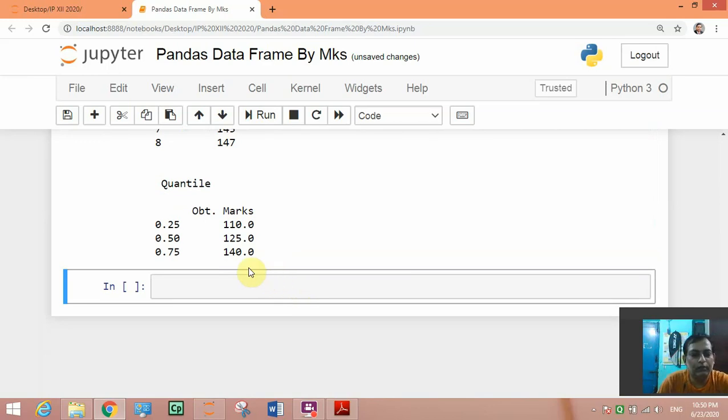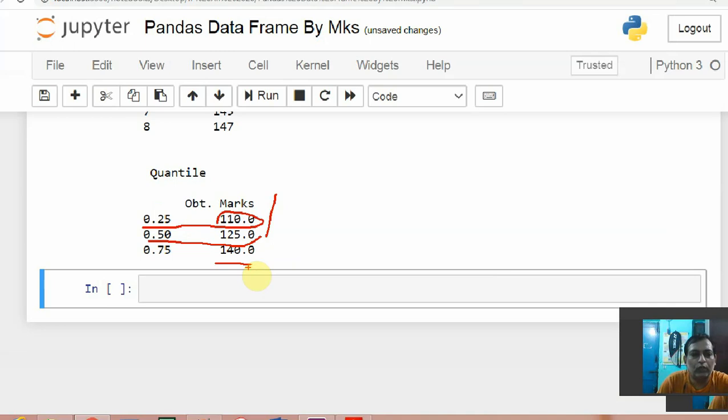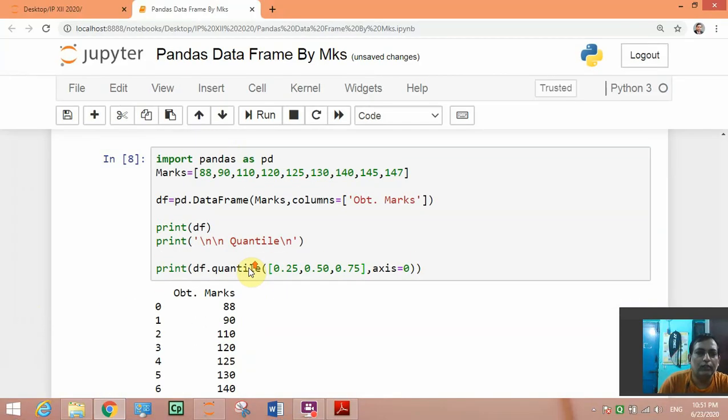Here you can see the first quartile means the first 25% of students are able to score 110 marks, 50% of students are able to score 125 marks or less than this, and 75% of students are able to score 140 or less than this. So this is the concept of quantile and quartile. Thank you very much.